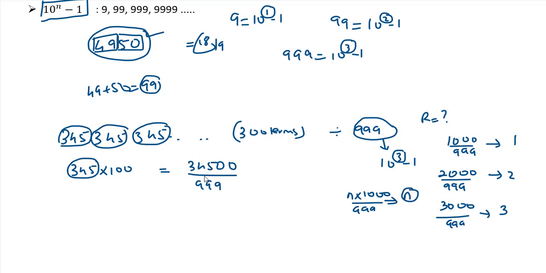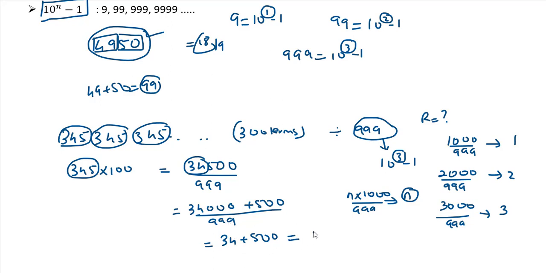So in this case, we have 34,500. So we'll split this up into 34,000 plus 500 and we'll divide this by 999. So 34,000 when divided by 999 will give us a remainder of 34, and 500 when divided by 999 will give a remainder of 500. Since 500 is less than 999, it is not divisible by 999.